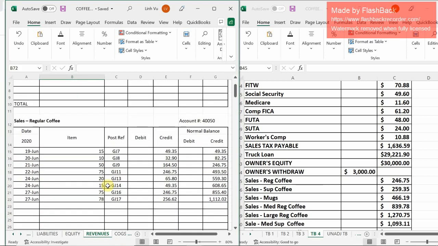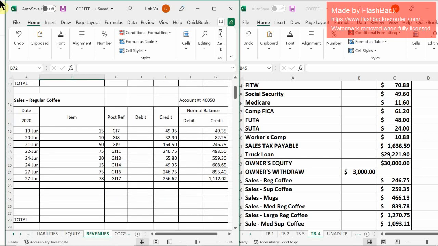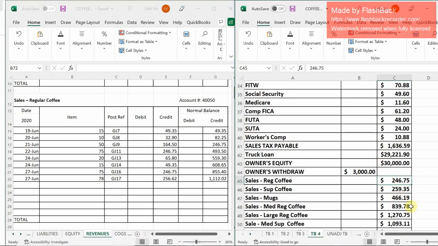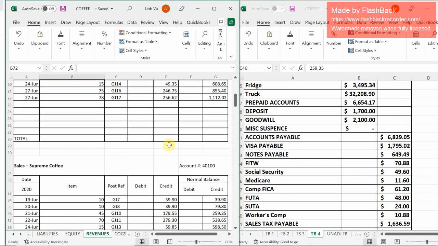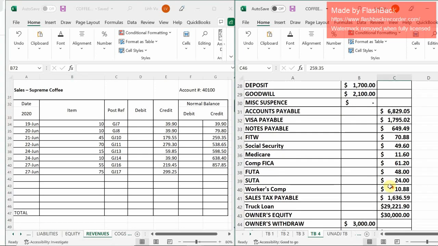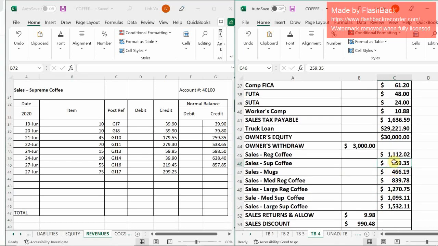Definitely we have a lot of changes here. Our sales for regular coffee is now a grand total of $11.12, and for our Supreme Coffee, right now we sold a total of $857.85.